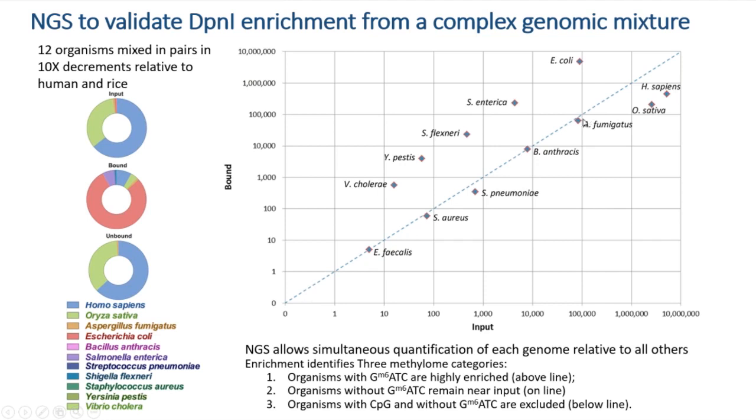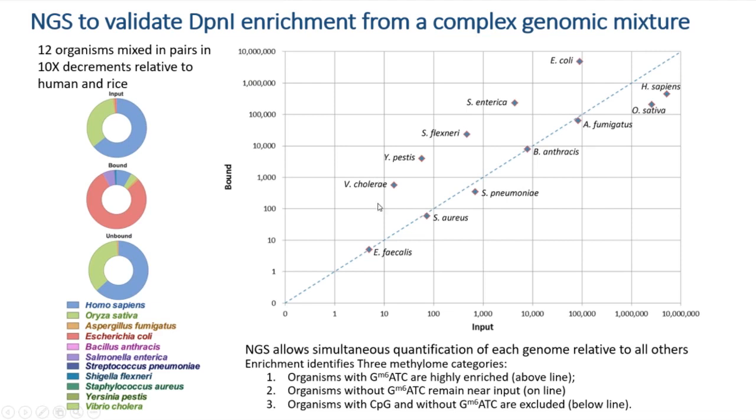As you go down this graph, you can see how the other pairs of organisms fared. Aspergillus and E. coli, for instance, Aspergillus went in at 100,000 reads, came out at about the same level, whereas E. coli, we suddenly had several million reads. And what we observed, and we kind of expected something like this, but it came out much more striking than we expected, is that there's essentially 3 types of methylomes in this experiment.